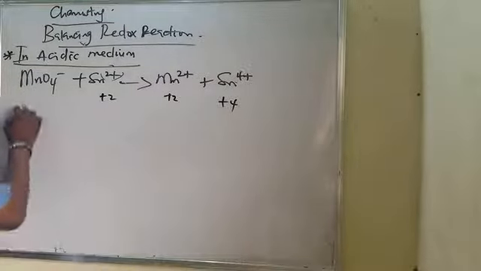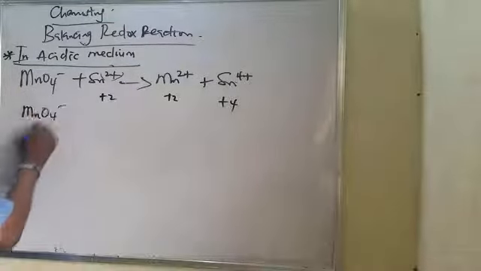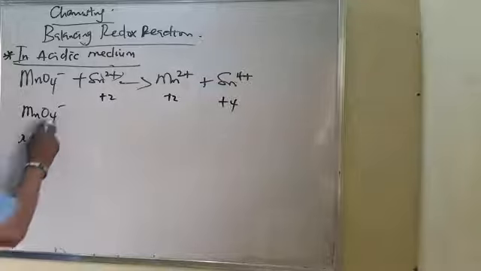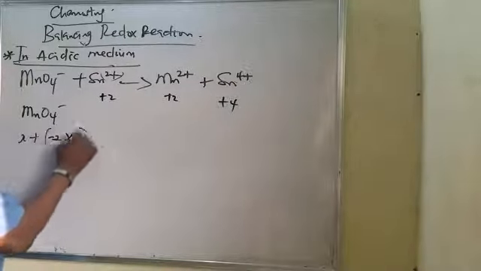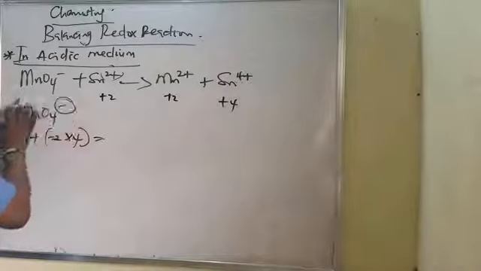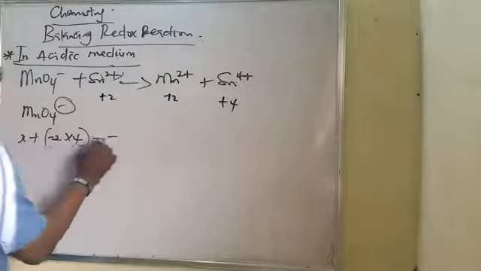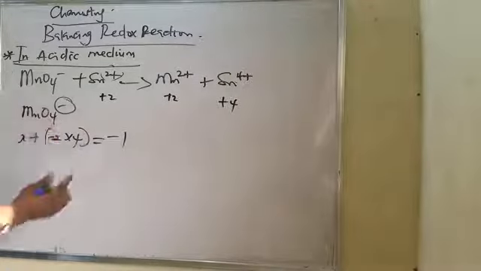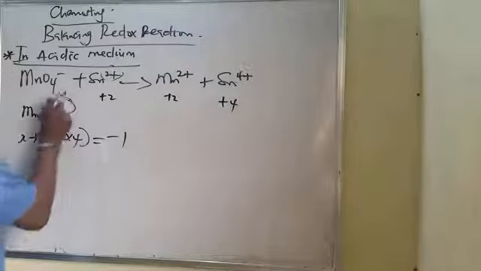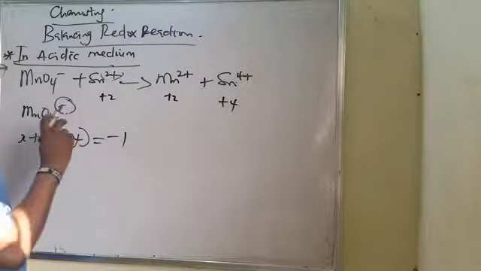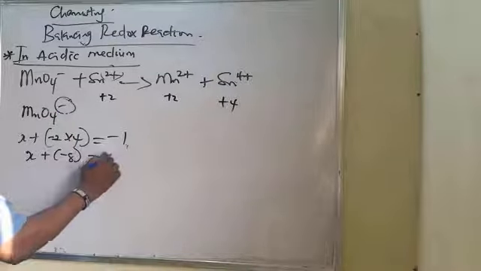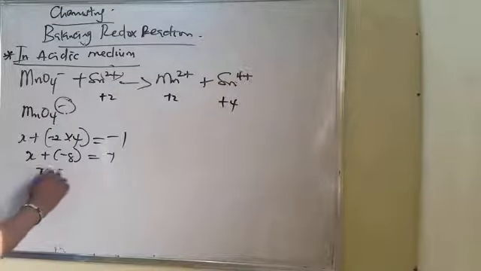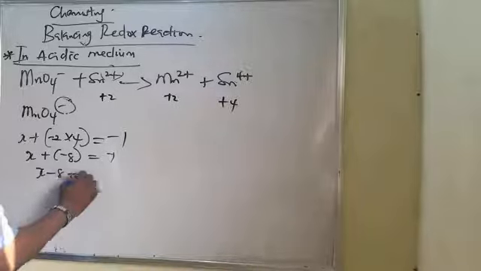So calculation of the oxidation number of manganese in MnO4 minus: x plus the oxidation number of oxygen, -2 times 4, is equal to the charge on the whole ion, which is -1. You may see -2 in some compounds, and if you don't see any charge, it means it's equal to 0. So x plus -8 is equal to -1.